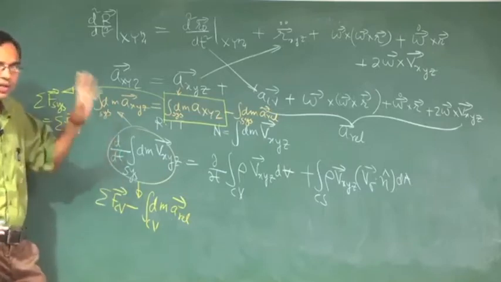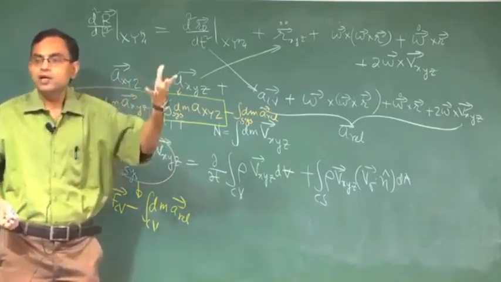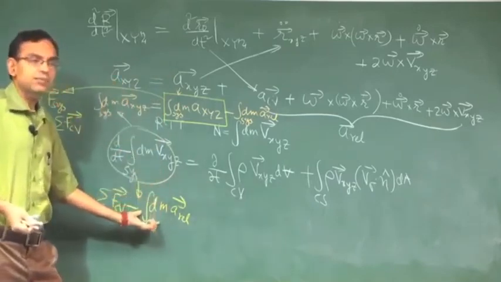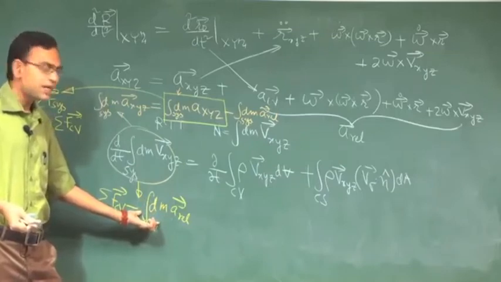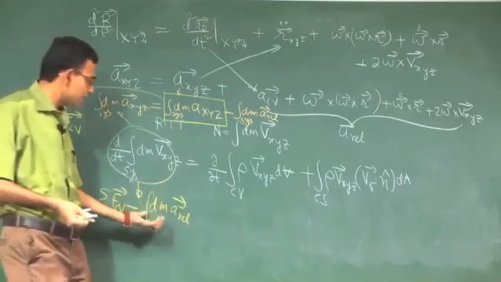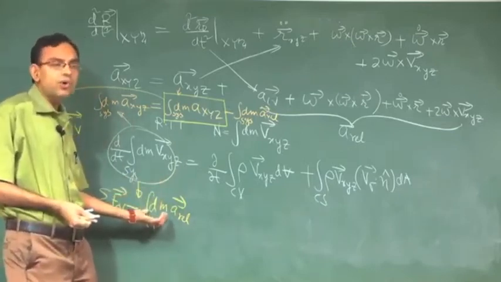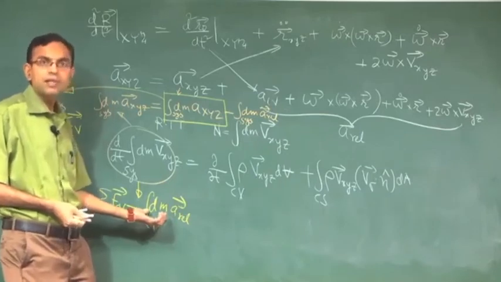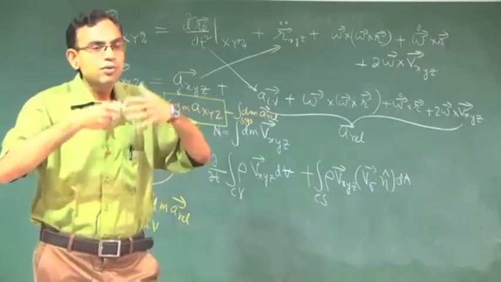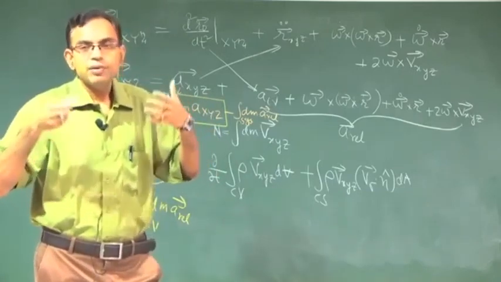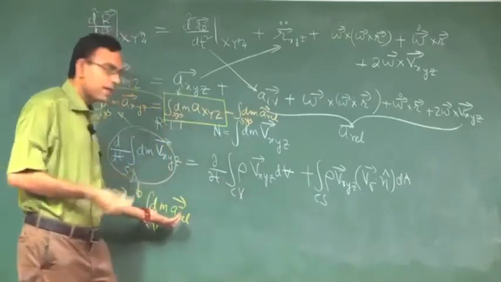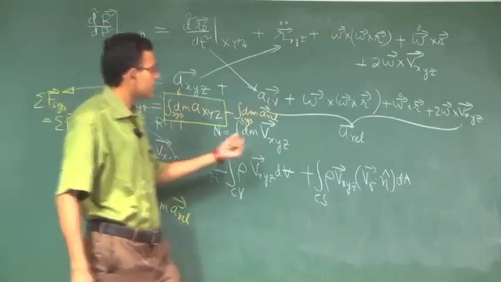So to get a summary, we can use the Reynolds transport theorem for an arbitrarily moving control volume for momentum conservation, but for a correction term where the force is replaced by force minus integral of dm into A relative. So this is an additional effective force which is like a pseudo force, that means a force which you can experience only if you are located on an arbitrarily accelerating reference frame, right. So this pseudo force is a combination of what?